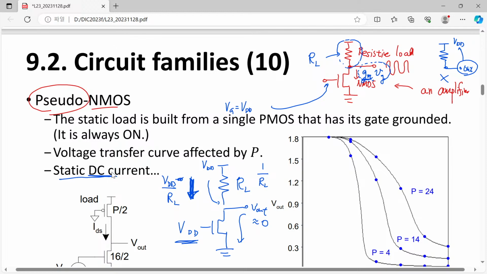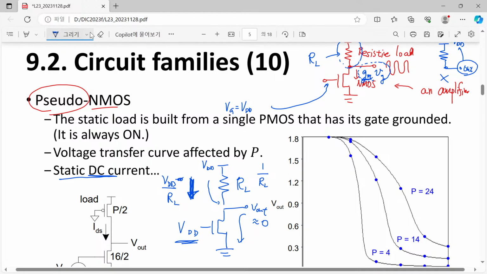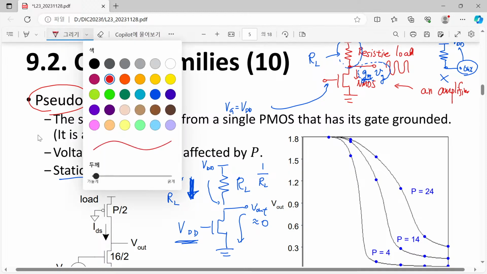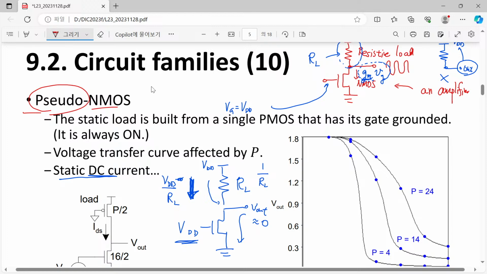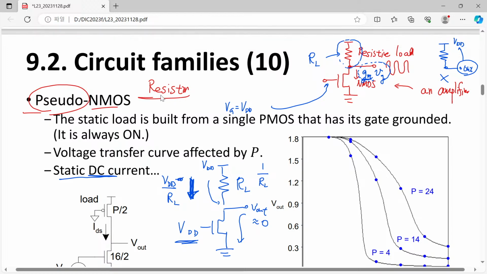That was already studied in our microelectronics course. So now let's come back to our course. In our course, we cannot easily assume the existence of a resistor. A resistor is not that easily available to us.